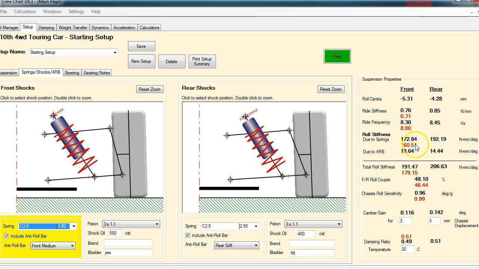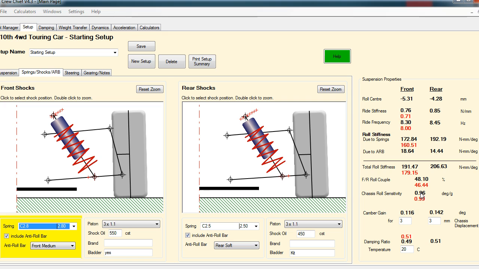The red value is what it was. The black value is what the new value is. So we have increased the total roll stiffness, which has changed our front roll couple. It's moved it up higher, closer towards 50%. So we're adding less oversteer by doing that. The other thing that we did is we stiffened the overall chassis a little bit.